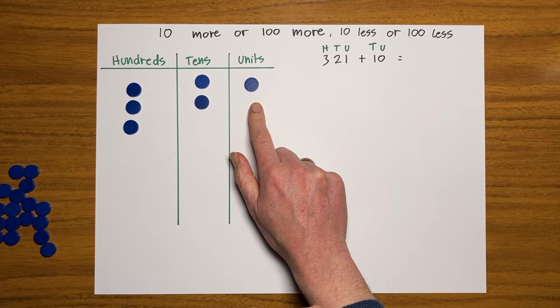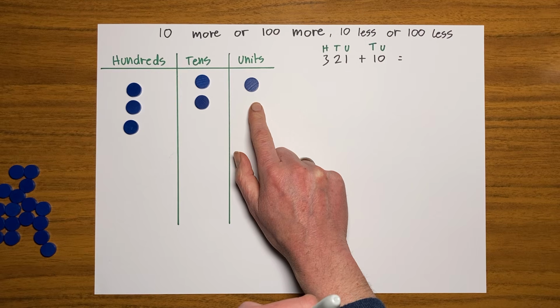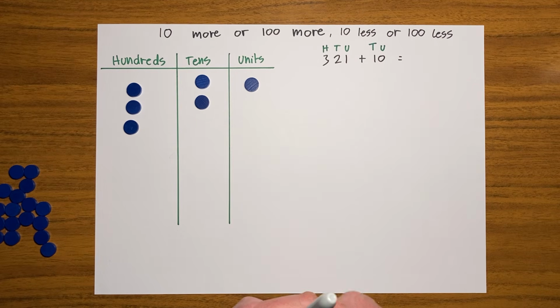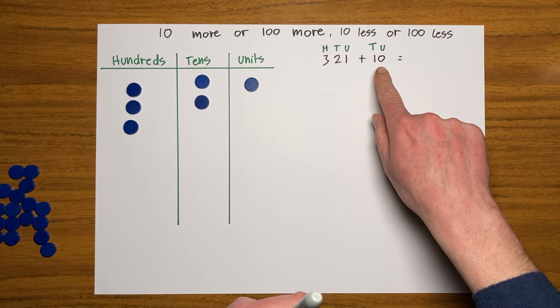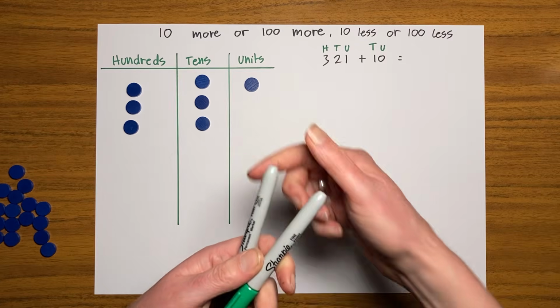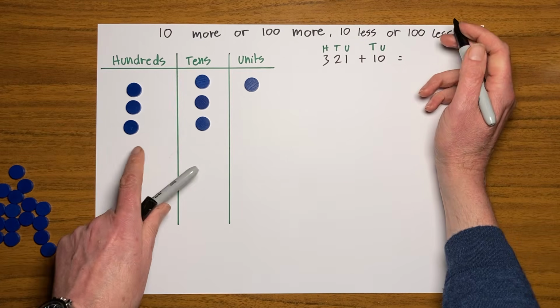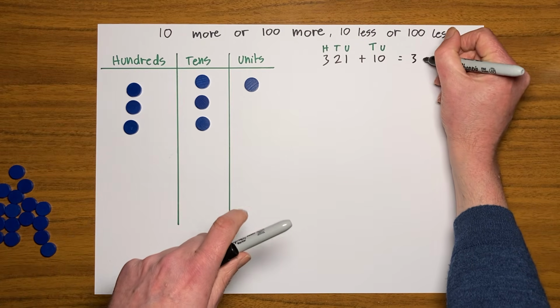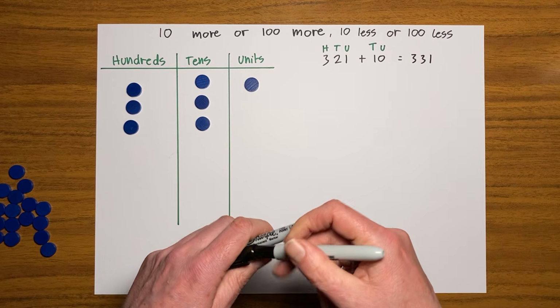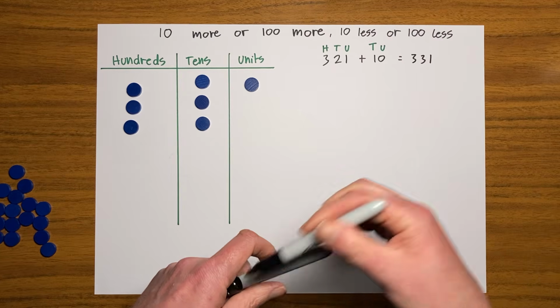Am I going to add anything to the units column? No, I'm not. Am I going to add anything to the tens column? Yes, I am. Anything to the hundreds column? No. So I'm adding 1 ten, stick it in here. There we go. And I have got an answer of 331.